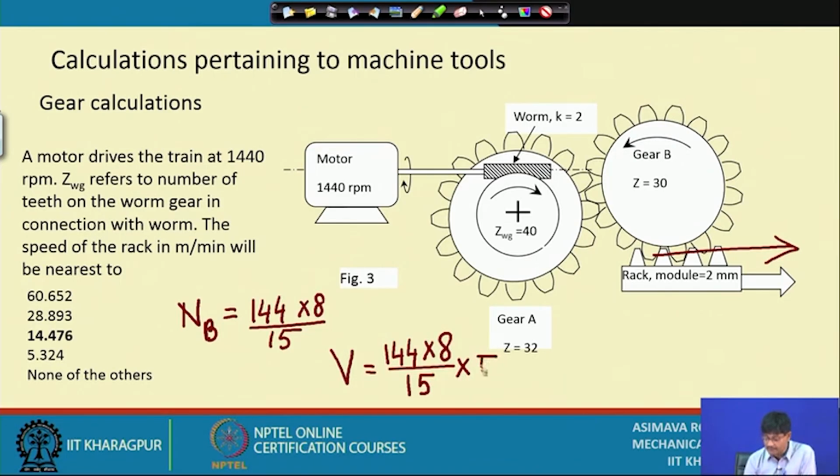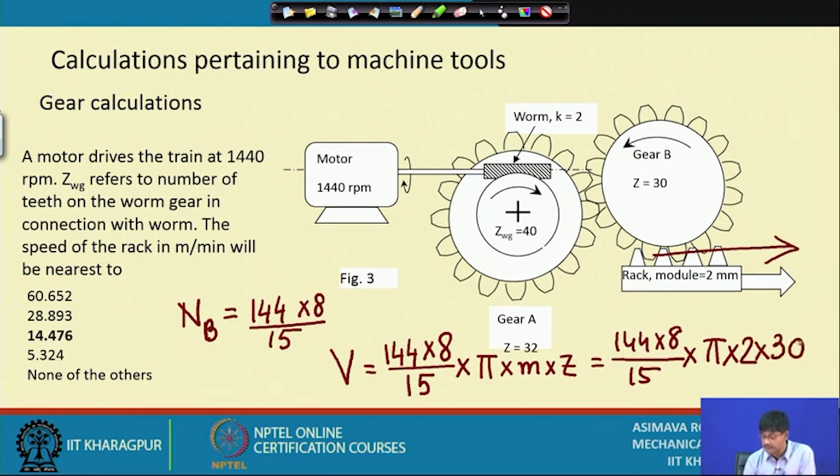Circumference is pi into d. What is d? D is equal to module into z. So, module is 2, so 144 into 8 divided by 15 into pi into 2 into 30, that is it.